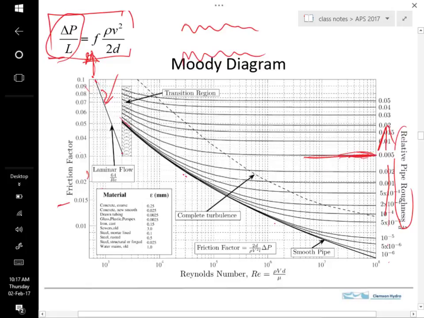And in between here and here, we've got these lines with various different slopes. What that gives you essentially is a head drop that's proportional to the velocity to some power between 1 and 2.